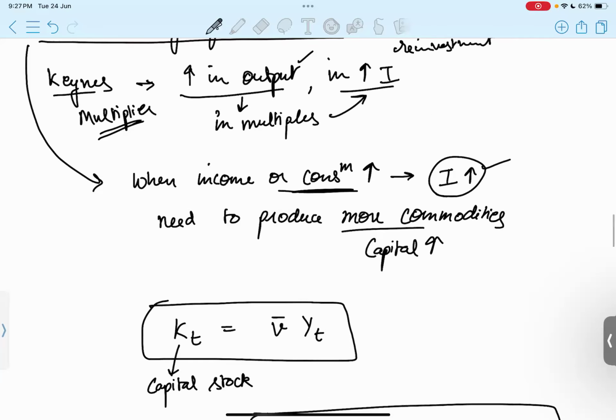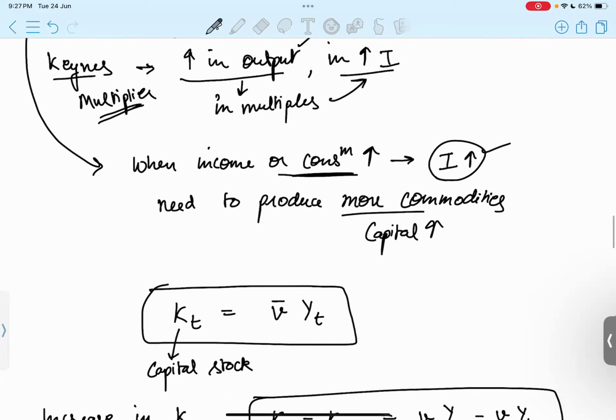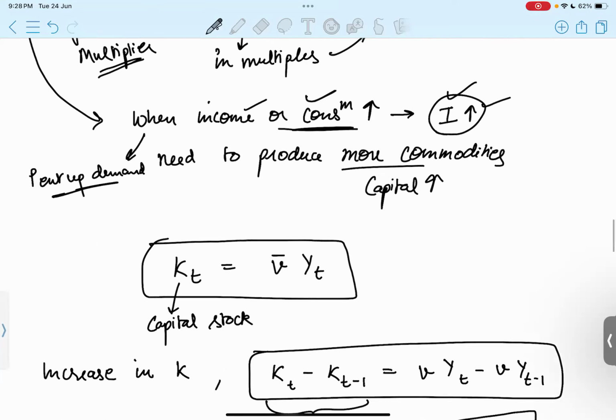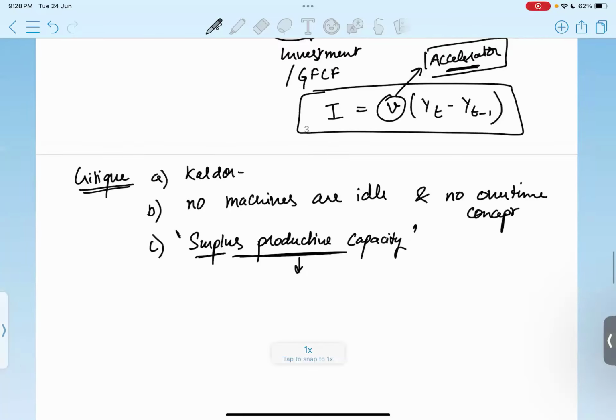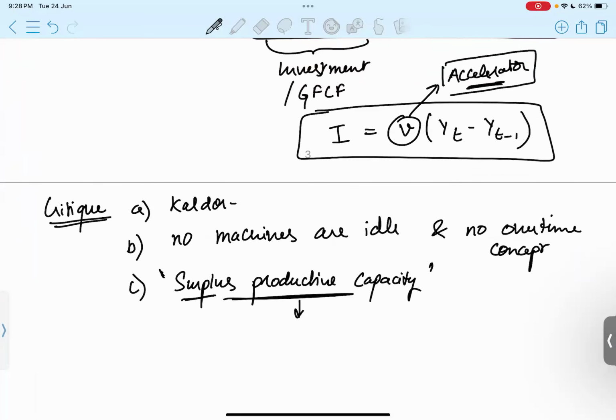Or, for example, the pent-up demand after COVID-19, which we saw led to an increase in income and consumption, or the consumption demand majorly, increased, and somehow it led to an increase in investment for a very short time period. So that is the example, and with this we finish all the smaller subtopics that we had to cover today.